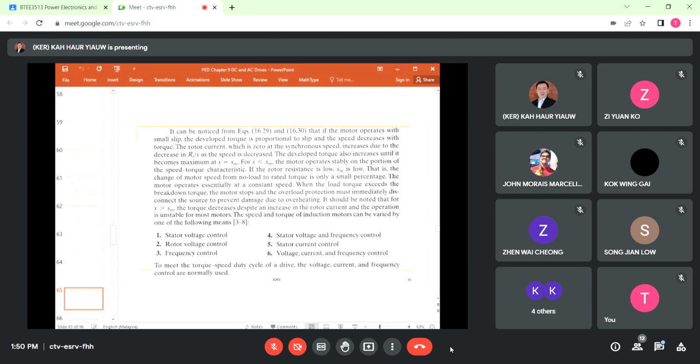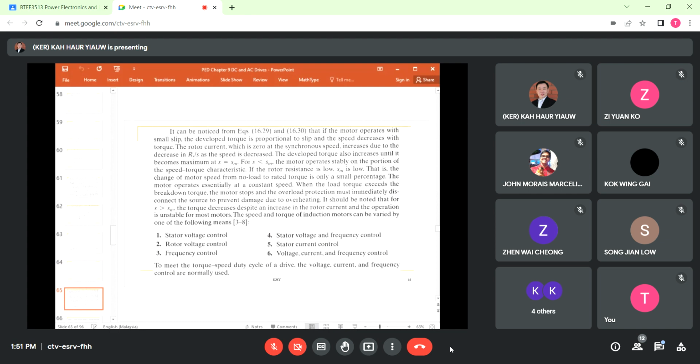The rotor speed, which is 0 at the synchronous speed, increases due to the decrease in the ratio of Rr over S as the speed is decreased. The developed torque also increases until it becomes maximum at S equal to Sm.